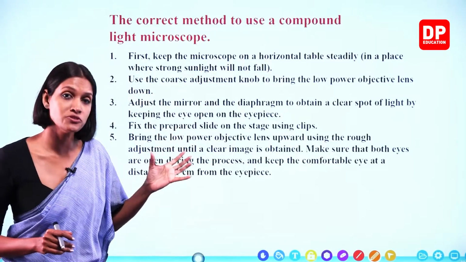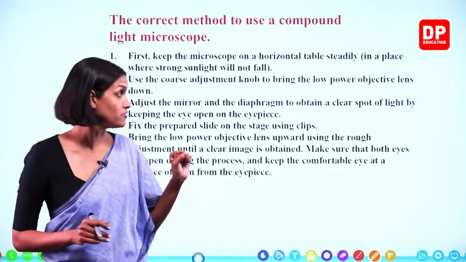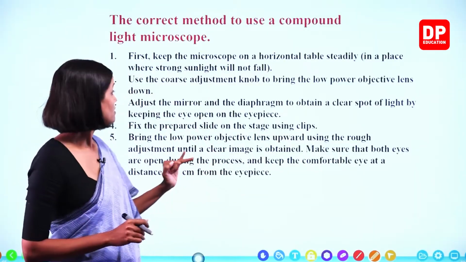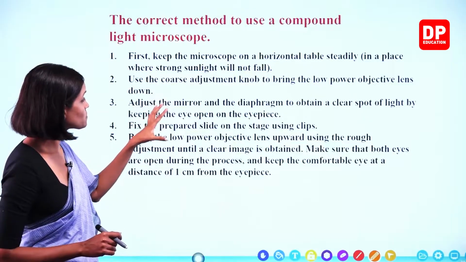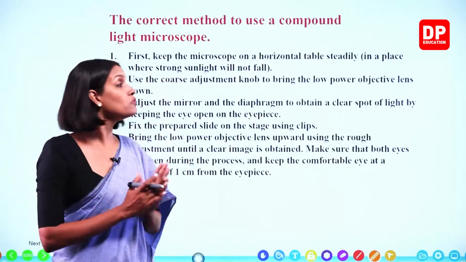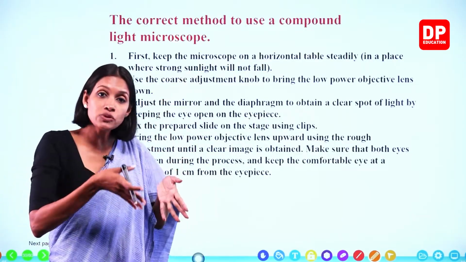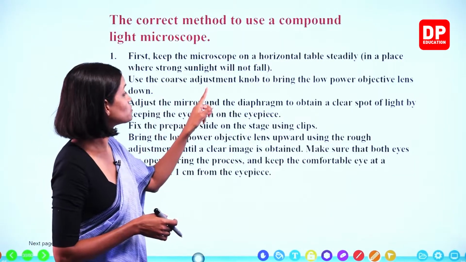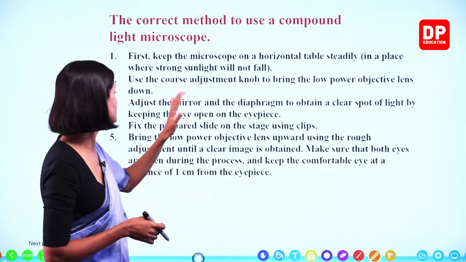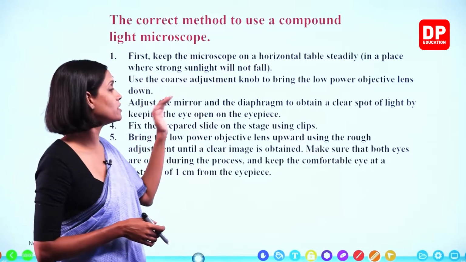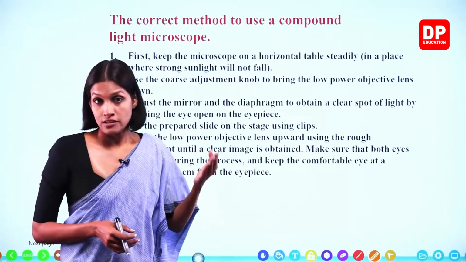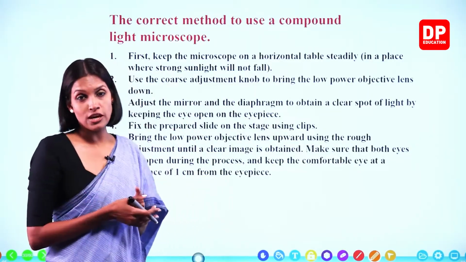When it comes to objective lenses, there are 3 powers: low power, mid power, high power. Using the coarse adjustment knob, you have to move these objective lenses towards the stage. Okay? Adjust the mirror and the diaphragm to obtain a clear spot of light by keeping the eye open on the eyepiece. Eyepiece is the convex lens that is closest to the eye.